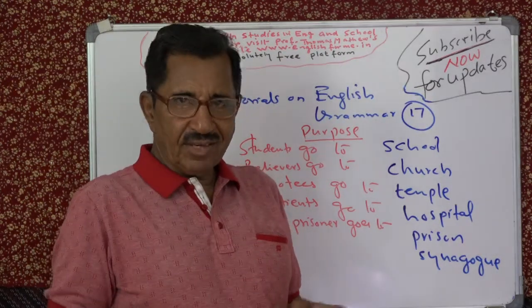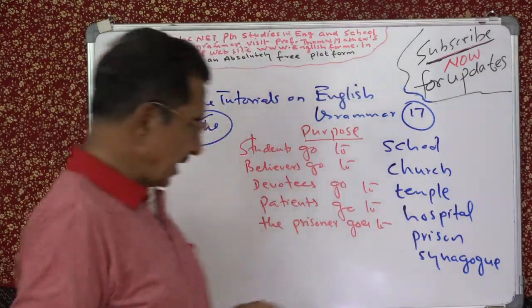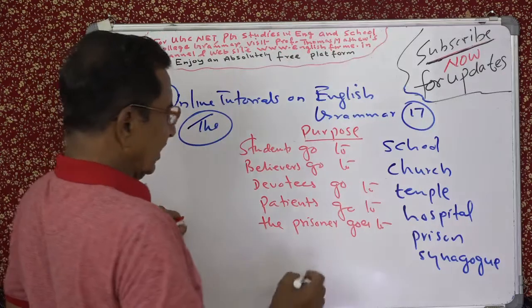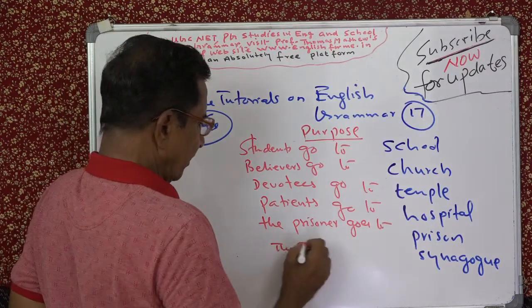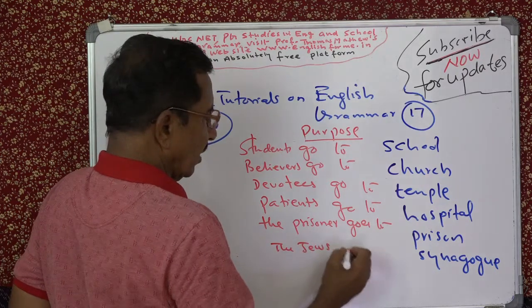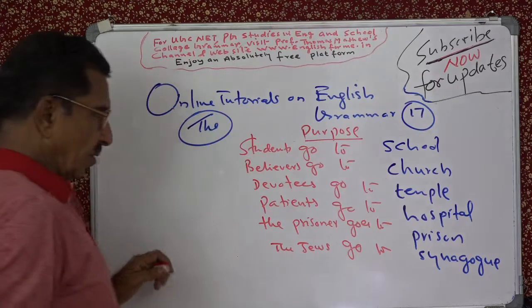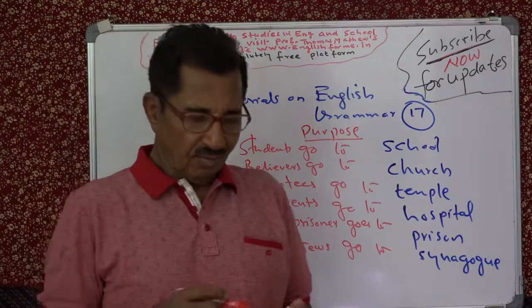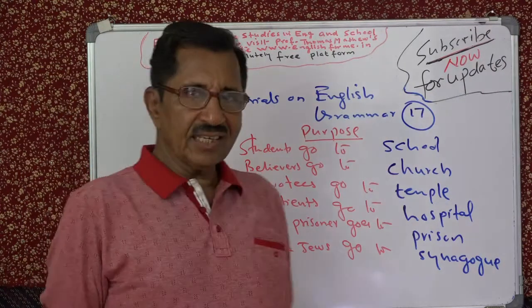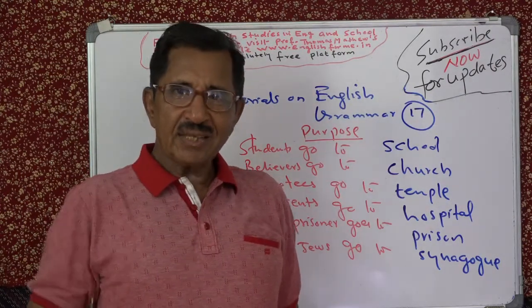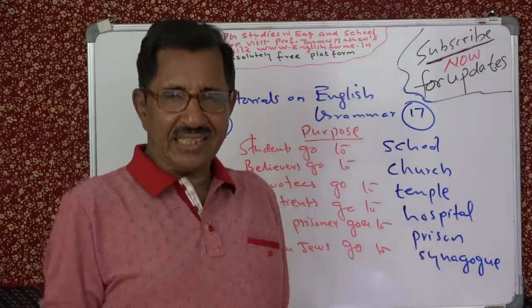Or you can say when you are found guilty, you are taken to prison. And synagogues, the Jews go to synagogue for praying. Now in this case you can see these buildings, for what purpose they exist.